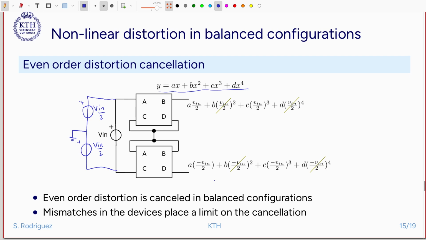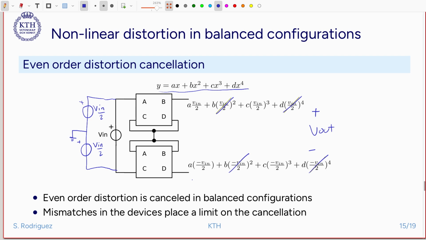And then when we square the even components, so when we raise to the square or raise to the fourth, and we take the signal differential, we will be subtracting all the even order distortions.